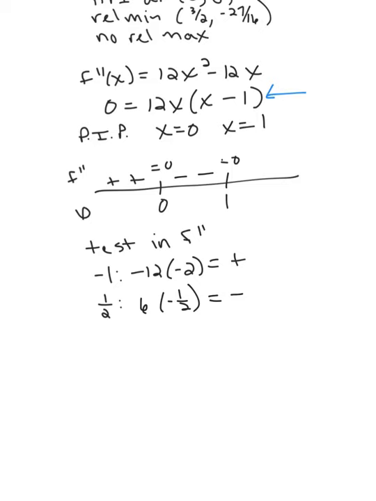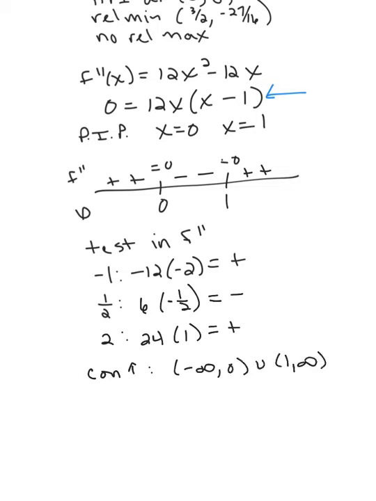Then do something to the right of 1. Let's do 2. Put 2 into that derivative. You will have 24 times 1, which is positive. So everything to the right of 1 is positive. So we now know we are concave up from negative infinity to 0, and again from 1 to infinity.